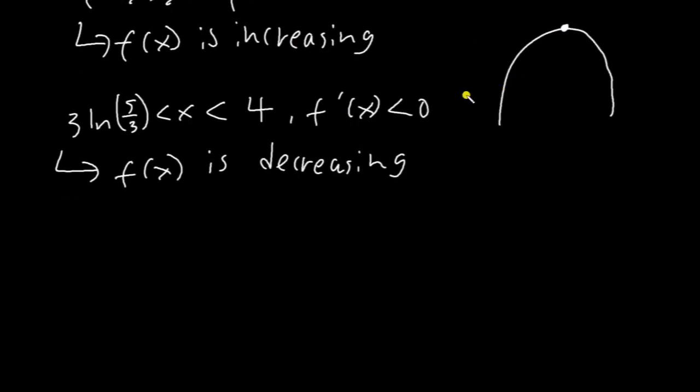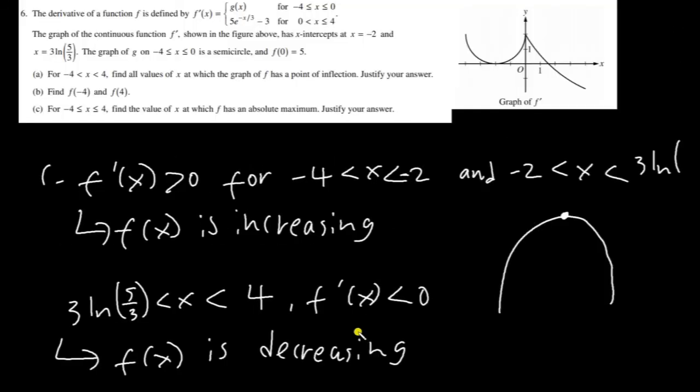Okay, so I'm not going to write this out, I'm just going to say it out loud. Let's say something along the lines of f has an absolute maximum at x equals 3 ln 5 over 3 because f prime of x is greater than 0 for negative 4 is less than x is less than negative 2, and negative 2 is less than x is less than 3 ln 5 over 3, and f prime of x is less than 0 for 3 ln 5 over 3 is less than x is less than 4.